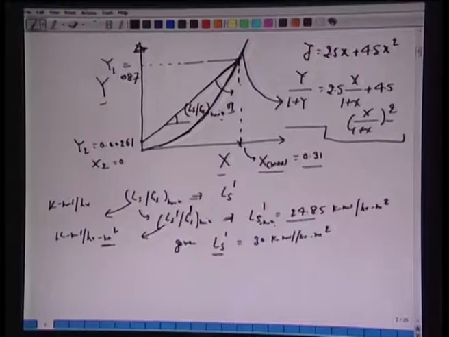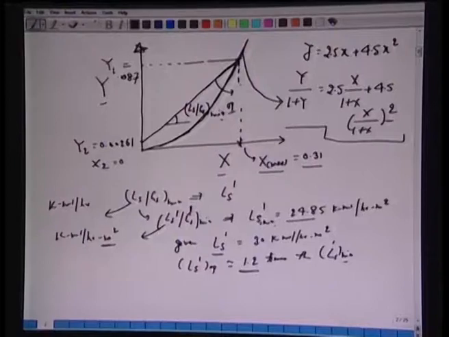So look at this difference here. Ls operating is approximately 1.2 times the Ls minimum, or Ls prime minimum. Most of the calculations in the earlier lectures we did at 1.5, but that is all right. Here in this problem the operating flow rate is 1.2 times the Ls prime minimum.